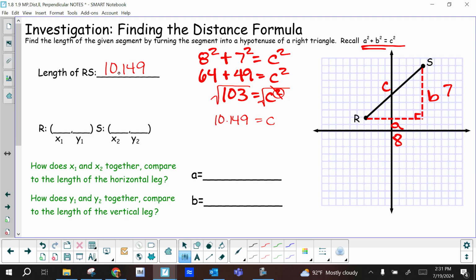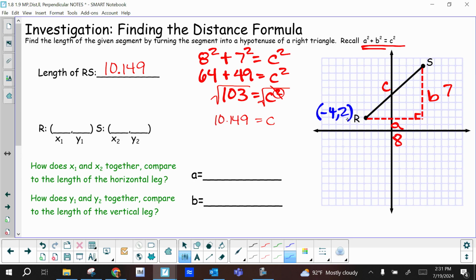Okay, but the question is what if there's not a graph and we need to use a formula? Okay, so we're going to discover this formula. So let's start off by writing down these coordinates here. The coordinate of R is 1, 2, 3, -4, 2.